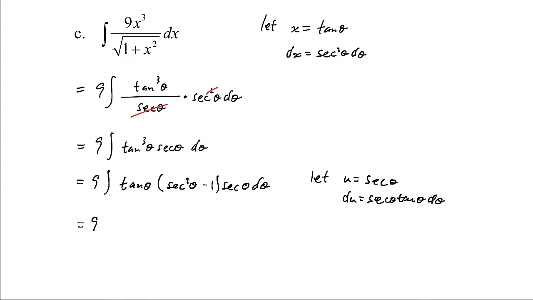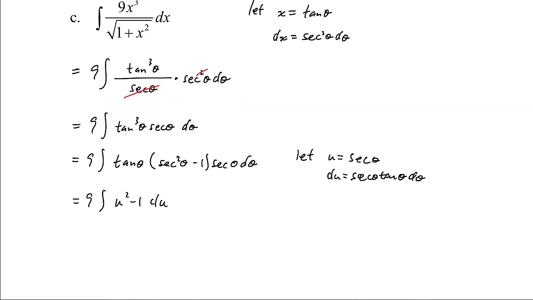So I have 9 integral of u squared minus 1 du, right? And again, that's because if u is secant, there's my u, so u squared minus 1. And then du is secant tangent, so tangent times secant theta d theta. So that is my du.